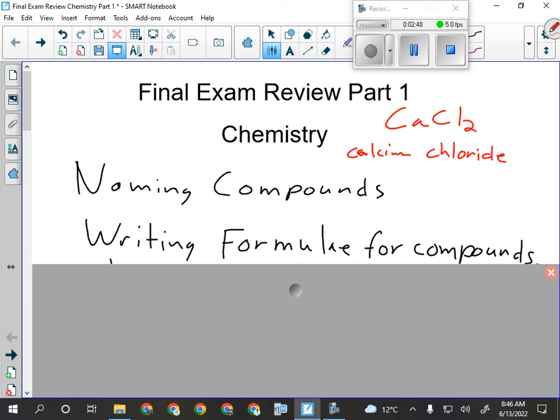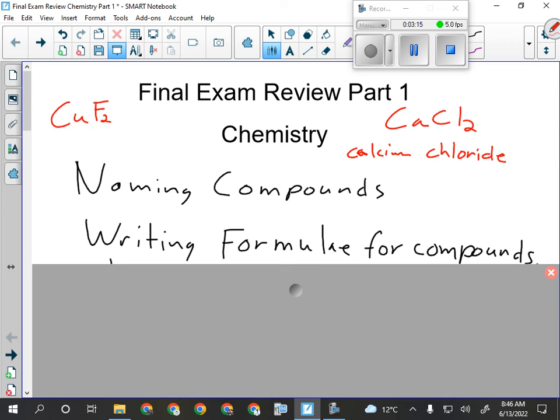Exceptions that can come up for naming ionic compounds could be if you had a compound like this. Why is that one going to be different? That is exactly why.